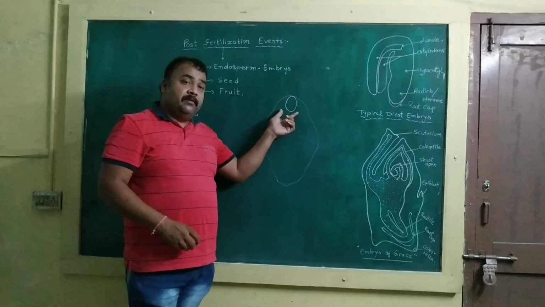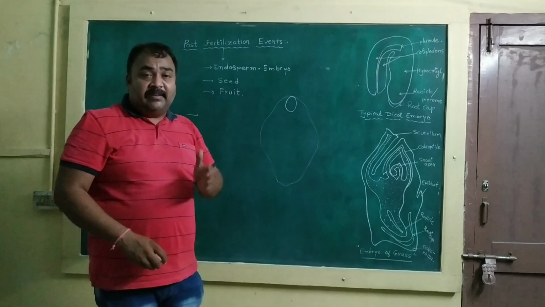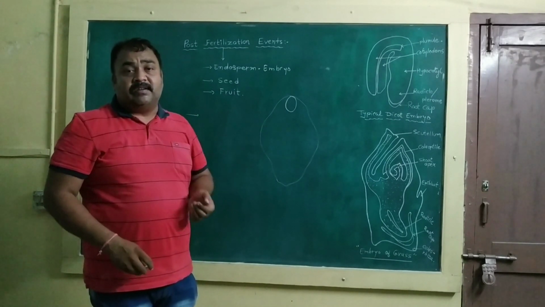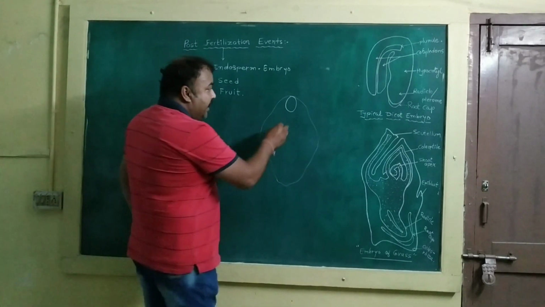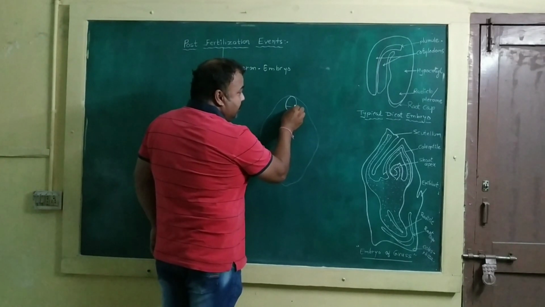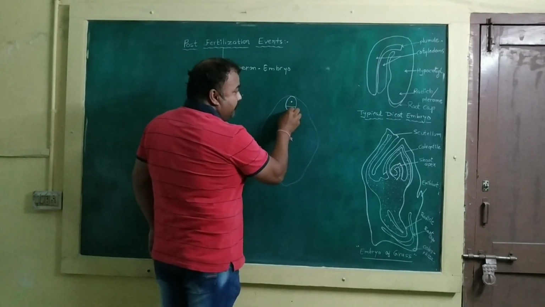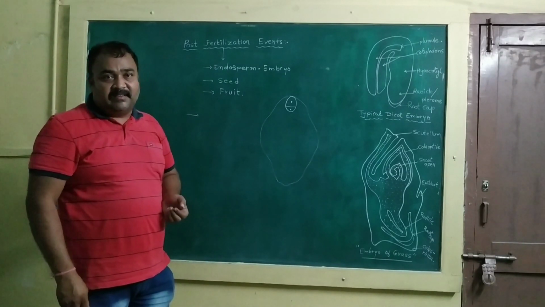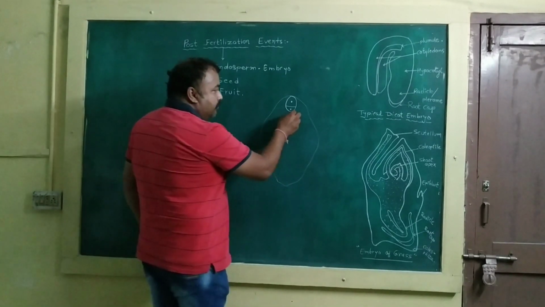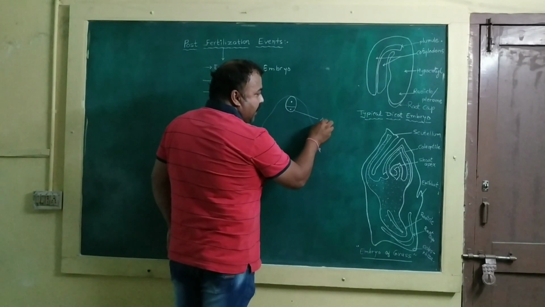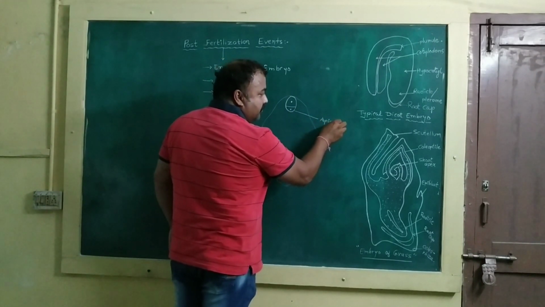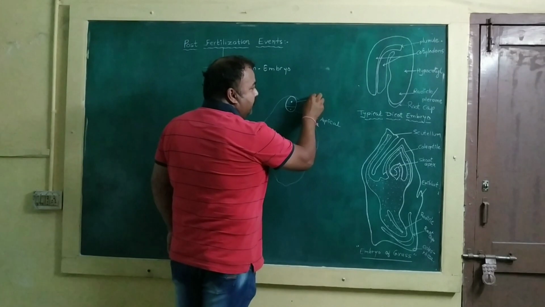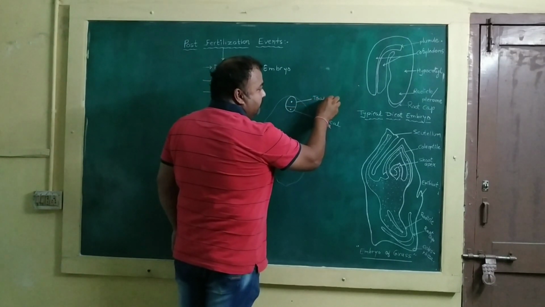Now what will happen? The first division will be a transverse division of the zygote, and so two different cells of different sizes are produced. The smaller one is known as apical cell, and the larger one will be known as basal cell.